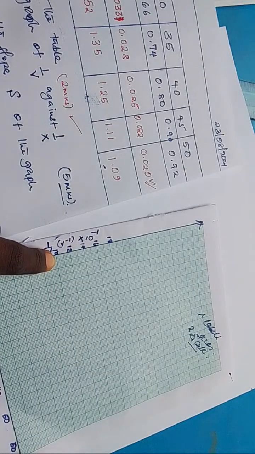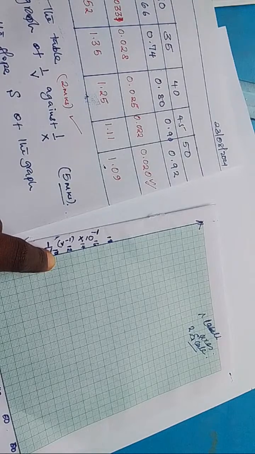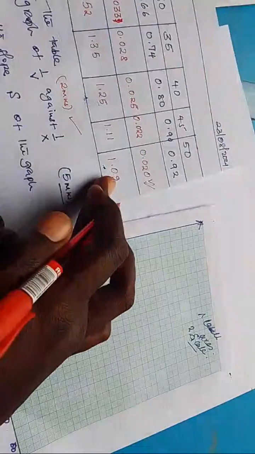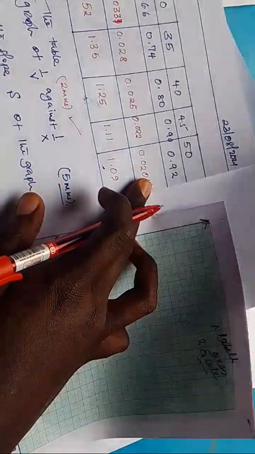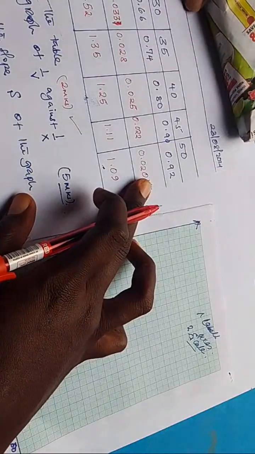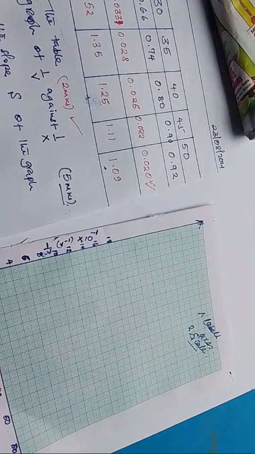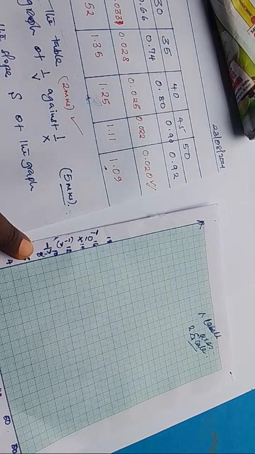The half can be shifted to be 5. And this one is against the value of 20 on this side, which will be 20 times 10 raised to power negative 3.